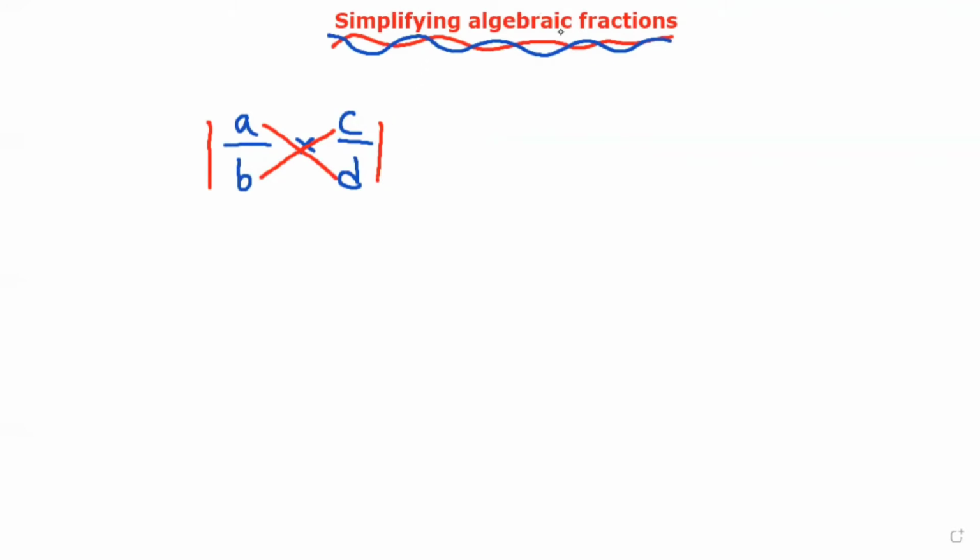And of course, if a fraction cannot break down, then all we simply do is multiply across. So we multiply this by that, and this by that. Here we will simply end up with AC divided by BD. And that's it. That's the answer. We cannot do anything beyond this because there is nothing here that could have broken down.